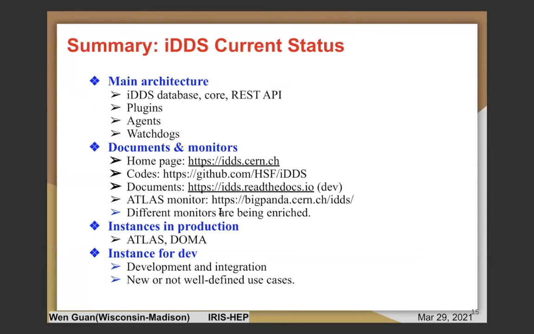And for Atlas, we also have the BigPanDA monitor. For this part, we're also working to develop different monitors. For iDDS, we already deployed two production instances, one for Atlas and one for Domo. And we also have one instance for development and integration, and also for new or not well-defined use cases.